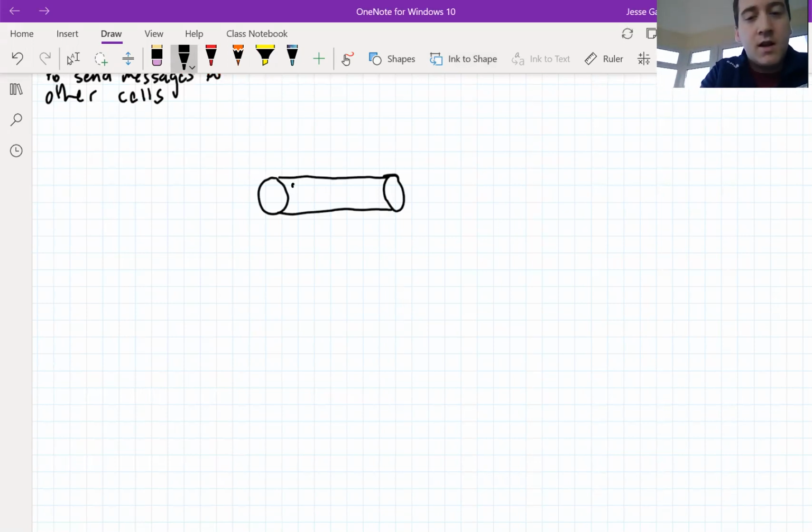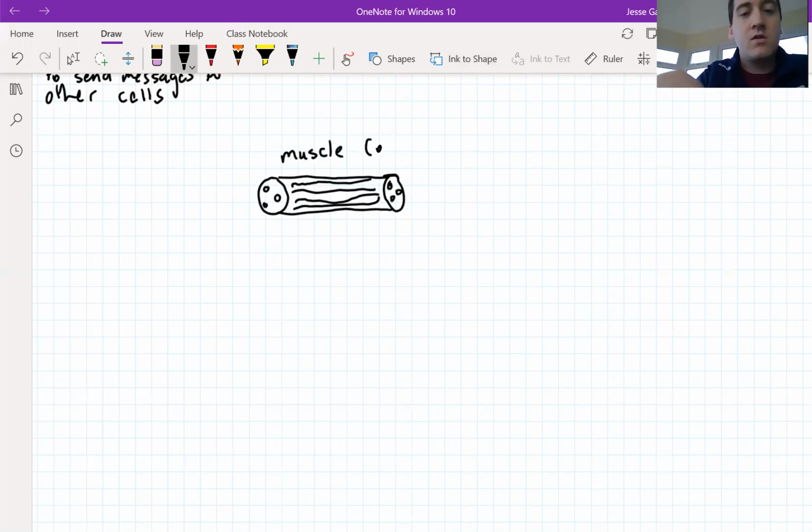And this tubular cell has these long, stretchy fibers. So it looks quite different from the general animal cell. This is what we call a muscle cell. So it's definitely got some adaptations. It's definitely got some features that are different from the general cell that help it to do its job.